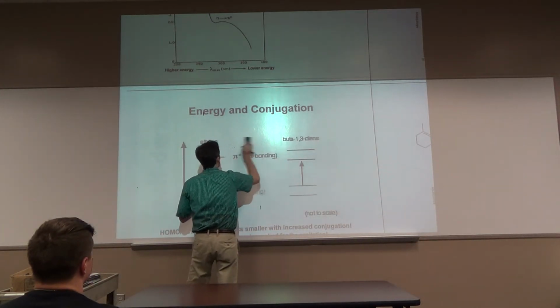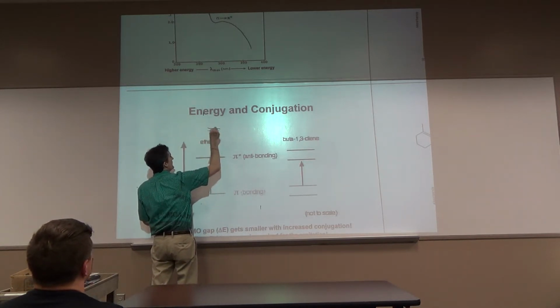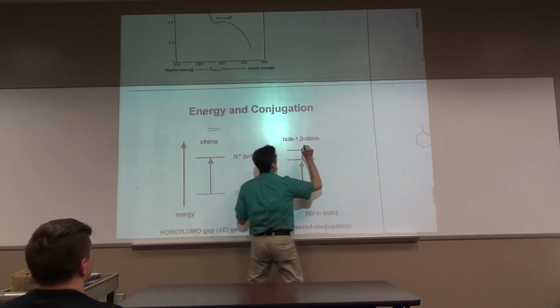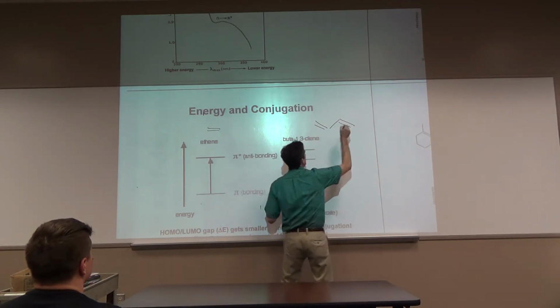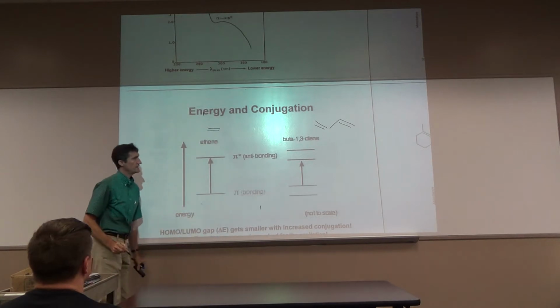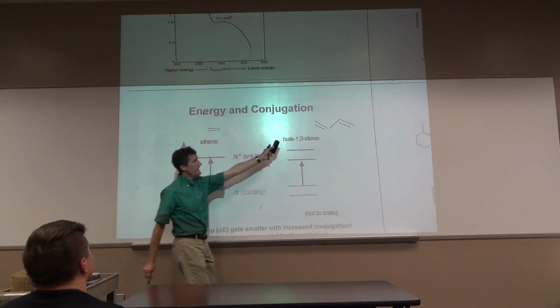Let's go back to just two simple compounds. Ethene. Ethene would just be that, yeah? 1,3-butadiene, you don't really need the 1,3 because all you can do for butadiene is that. Pi bond, now we have conjugated.